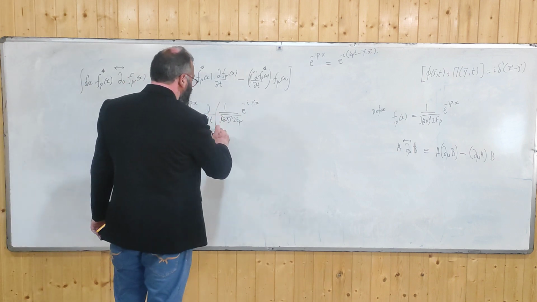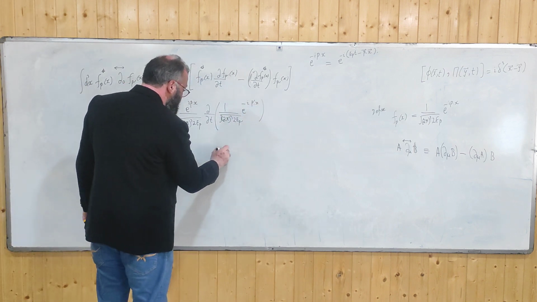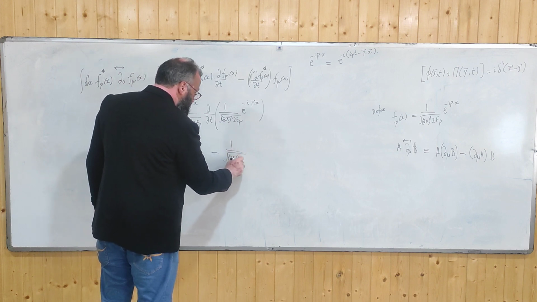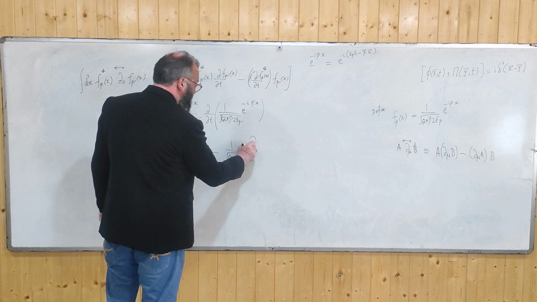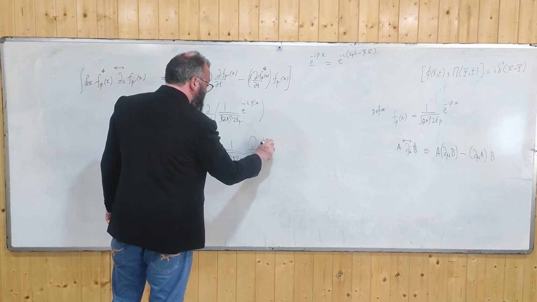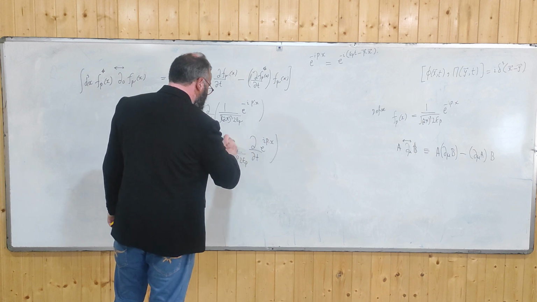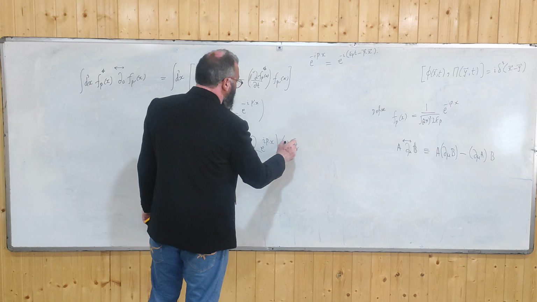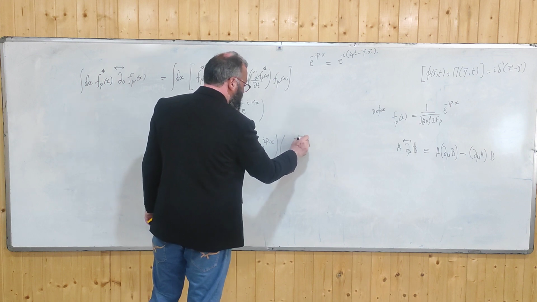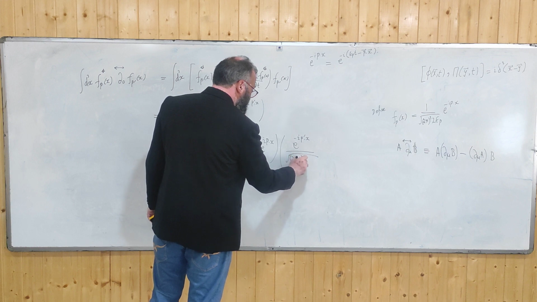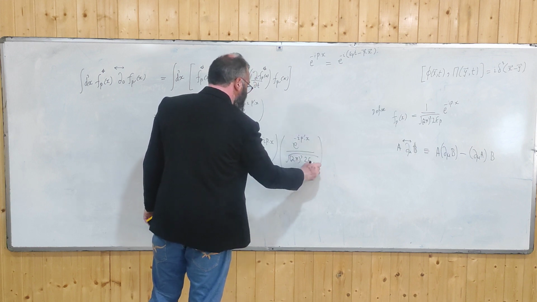Then you are having minus 1 divided by the square root of (2π)^3 times 2E_p, so ∂/∂t of e raised to the power i p·x, this is the one term, multiplied by e raised to the power minus i p'·x divided by the square root of (2π)^3 times 2E_p'.